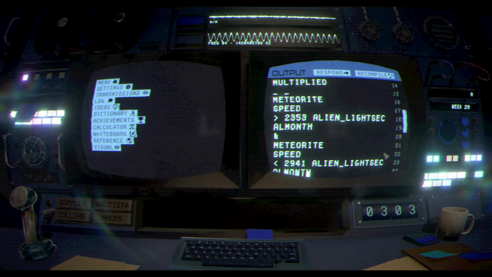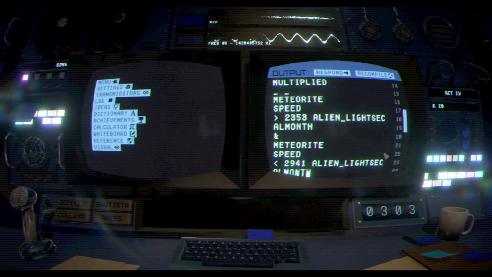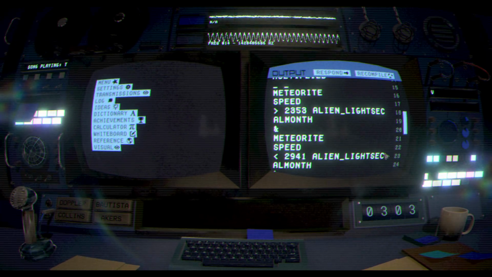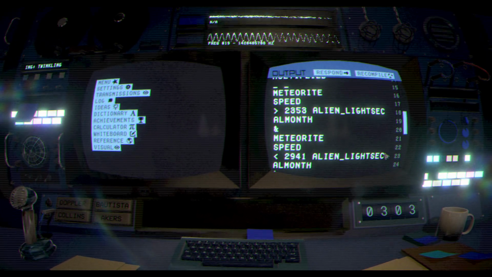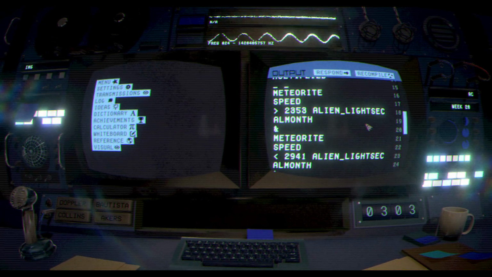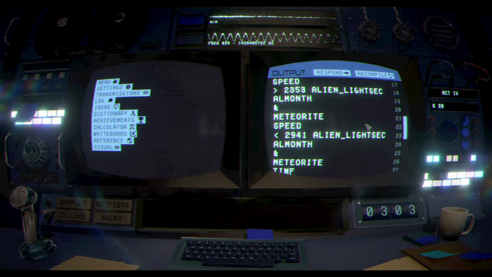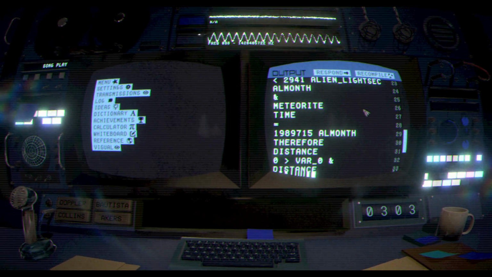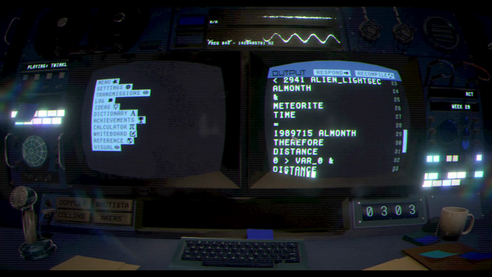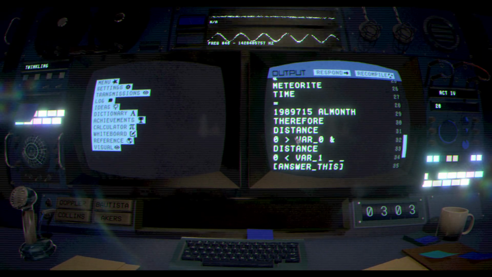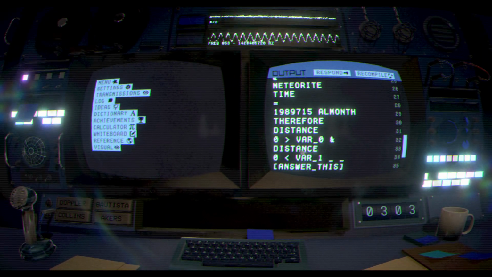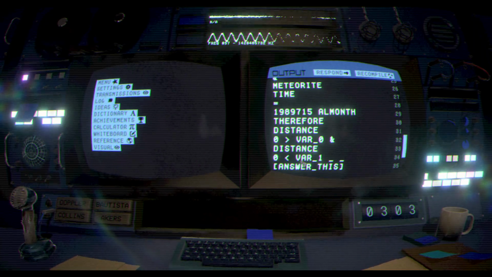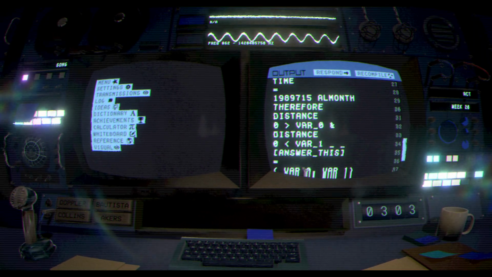Oh. And meteorite speed is less than 2941 alien light seconds per month. Meteorite time equals 1,989,715 all months. Therefore, distance 0 is greater than var 0, and distance 0 is less than var 1.